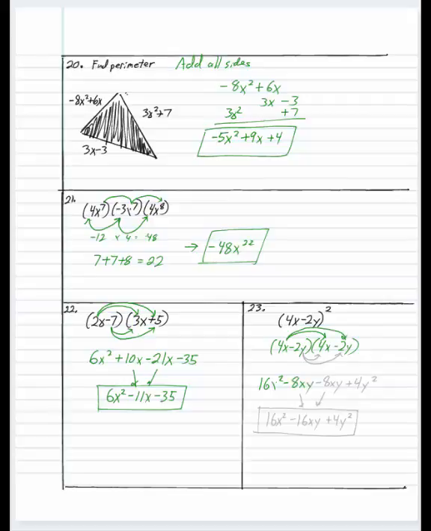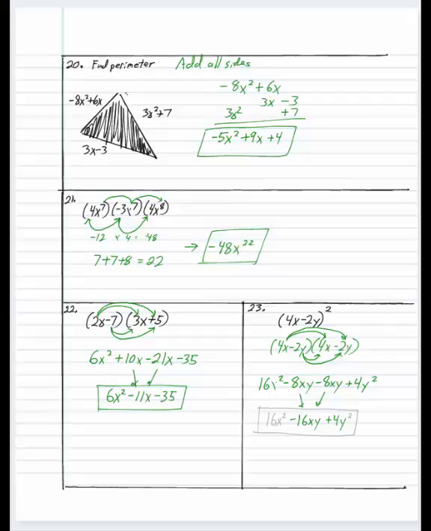24 is a long division problem. So let's set it up for long division first. First, we'll see how many times 4 goes into 8, which is 2 times. And then x goes into x squared, x times.